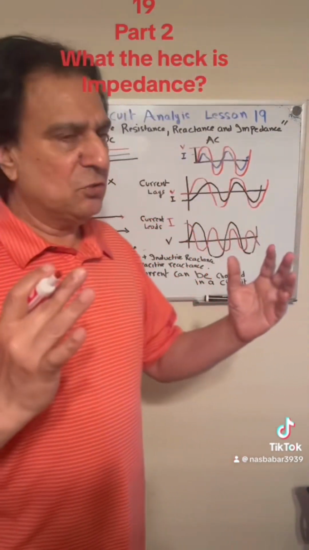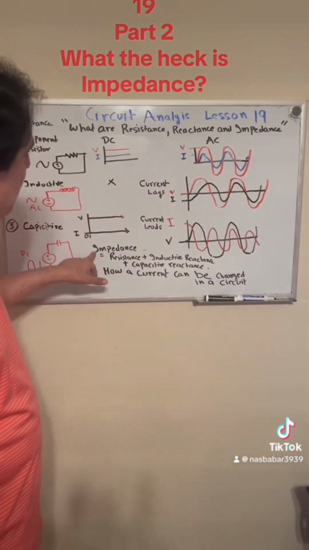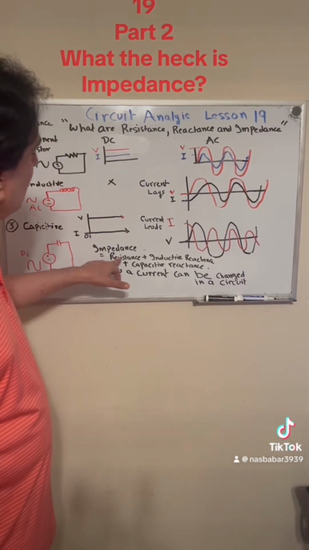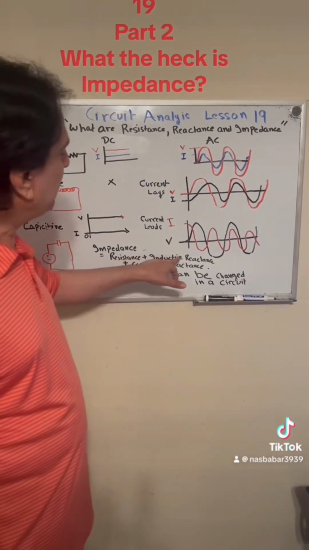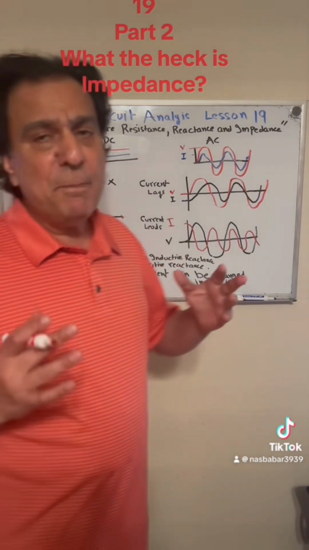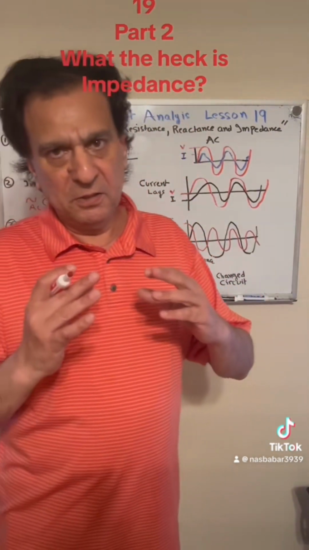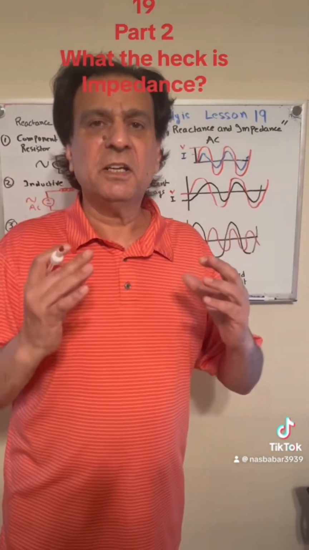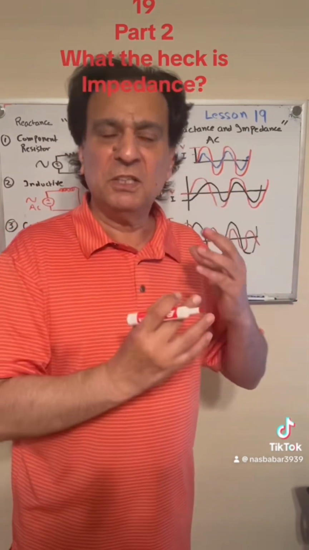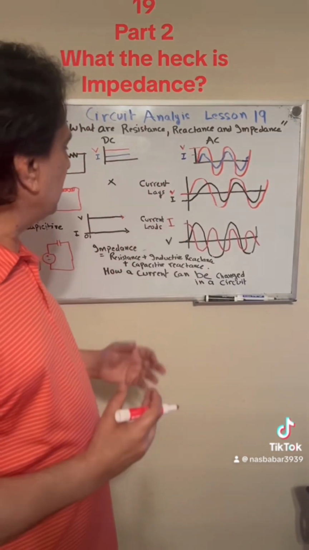So impedance in total is resistance plus inductive reactance plus capacitive reactance. Impedance tells you how a component in a circuit can change the behavior of the signal. It can lag current, it can lead current, and so forth.